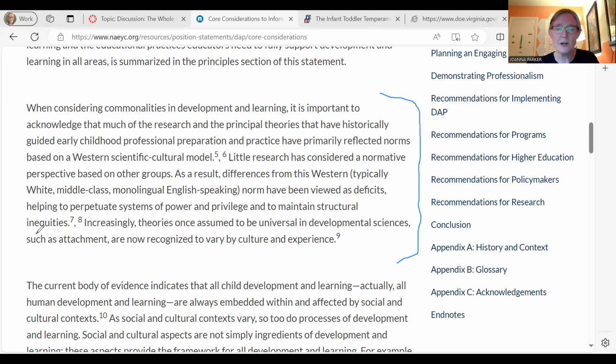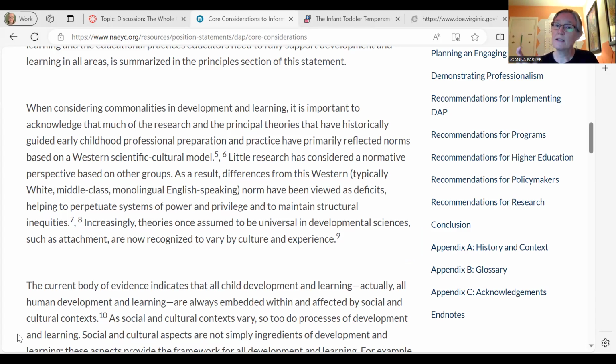And what this is really helping us to think about is that what we prioritize in terms of the experiences that we offer to young children, the skills that we support and focus on through our interactions, is connected to our own values and beliefs, our own culture, and what we feel is most important, right?